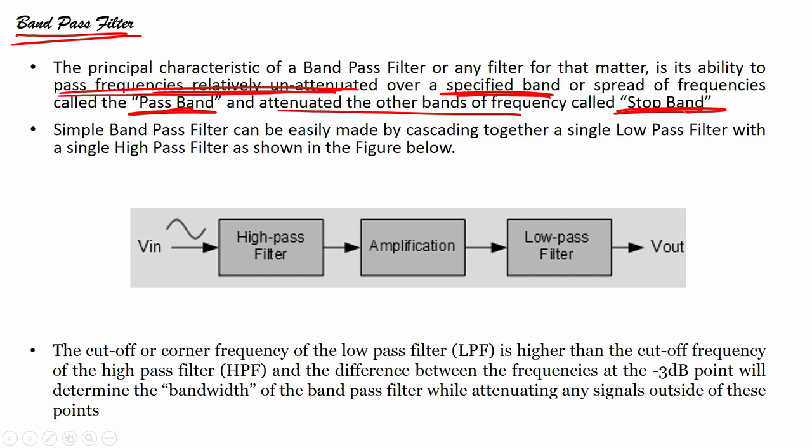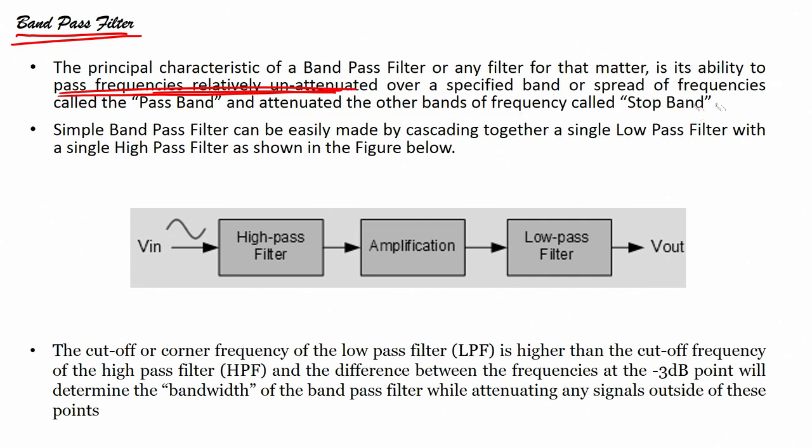We have seen that when you design a filter, a certain band of frequency is allowed to pass, called the pass band frequencies, and certain frequencies that we do not want are attenuated, called the stop band frequencies. Very simple.